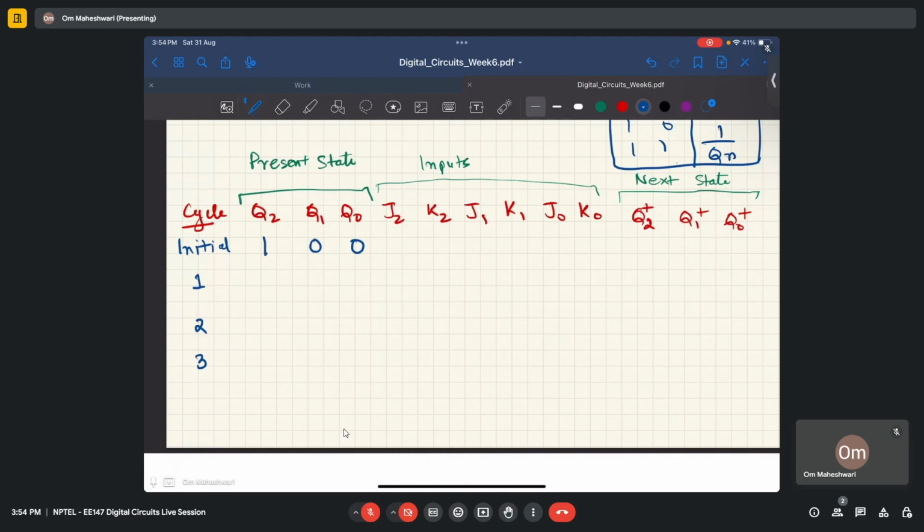Okay, so when we have 1, 0, 0, our J2 will be Q1 bar, K2 will be Q0, J1 will be Q2, K1 will be Q2 bar, J0 will be Q1, and K0 will be Q0 bar.